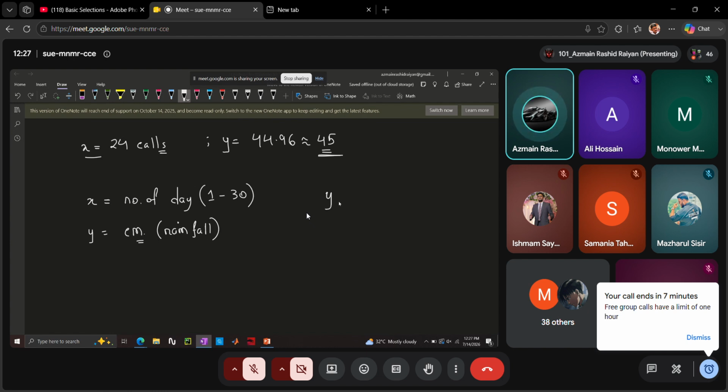If we have developed a linear regression model, Y equals f(x), which is written as a plus bx, then on a given day, let's say I want to forecast how much rainfall will take place on the third day of the month. If I plug in the value of 3 in this equation, I will be able to find the average centimeters of rainfall on that particular day. So this is the purpose of developing regression models.